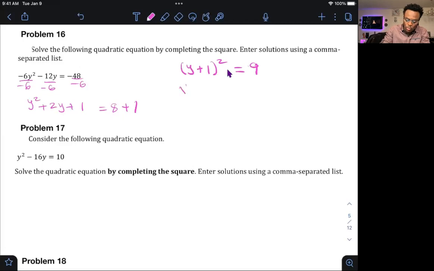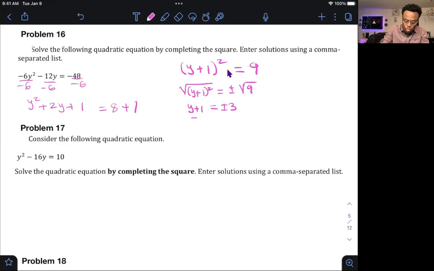You can take the square root of both sides. The square root of (y plus 1) squared equals plus or minus the square root of 9. And then that gives you y plus 1 equals plus or minus 3. Subtract 1 on both sides.